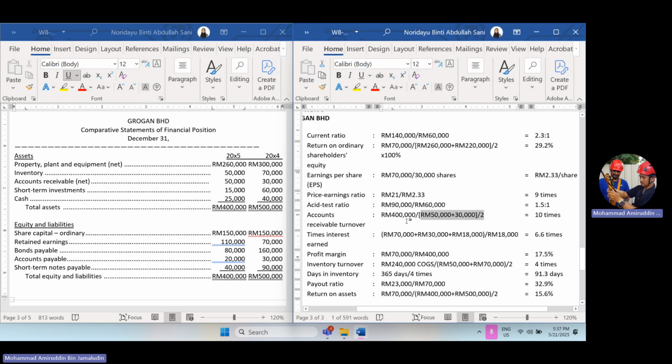Not 400 divide 80 divide 2. Gone. You settle your denominator first. In maths, you settle the denominator first, then only 400 divide the answer of this. This also sometimes affects student answers. Faith, can you follow me, Faith? Okay? Definitely, I have some students whereby 400 divide 80 divide 2.